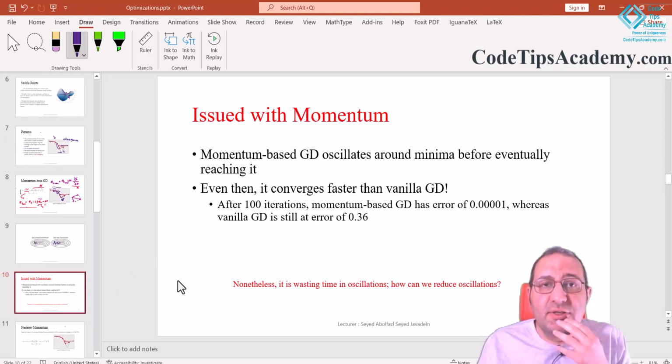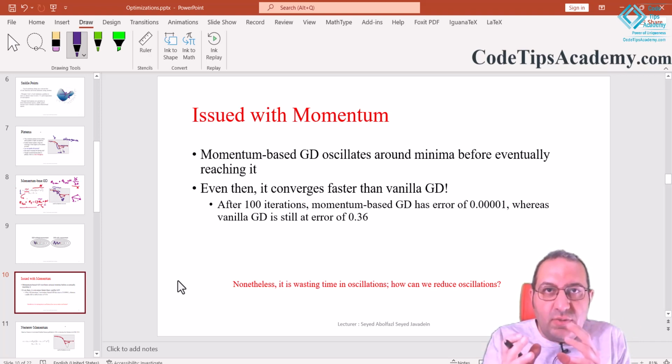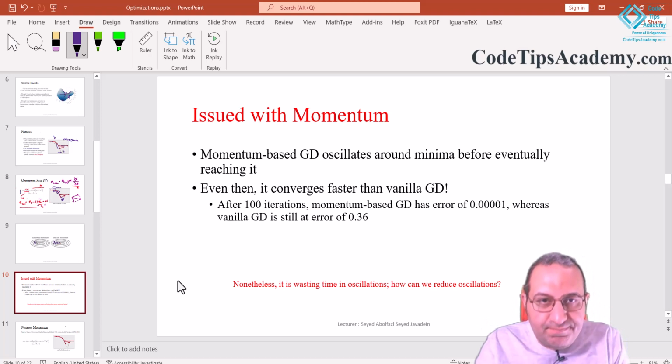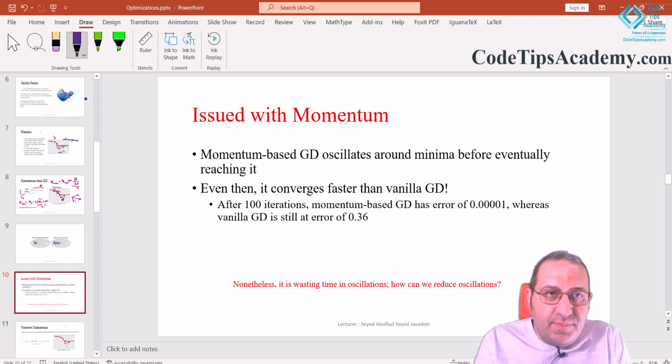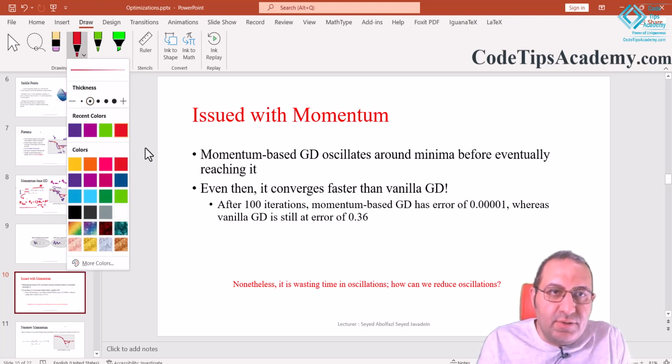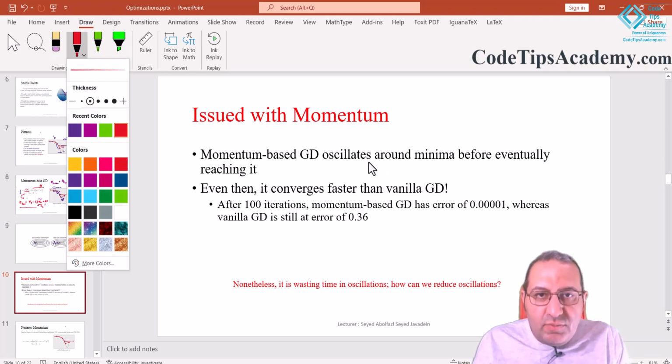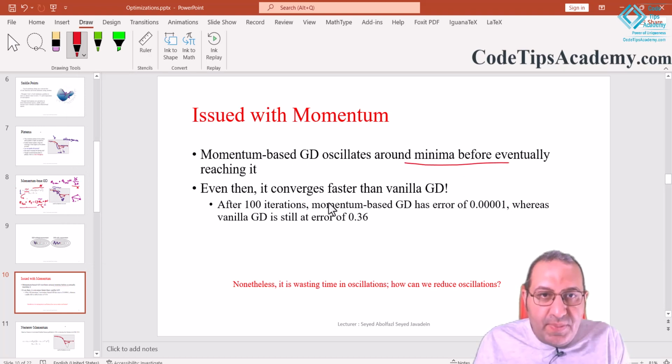In addition, it can reach the global minimum with some oscillation. This is a very good idea. You can see here it oscillates around the minimum before eventually reaching it, and it is faster than vanilla gradient.